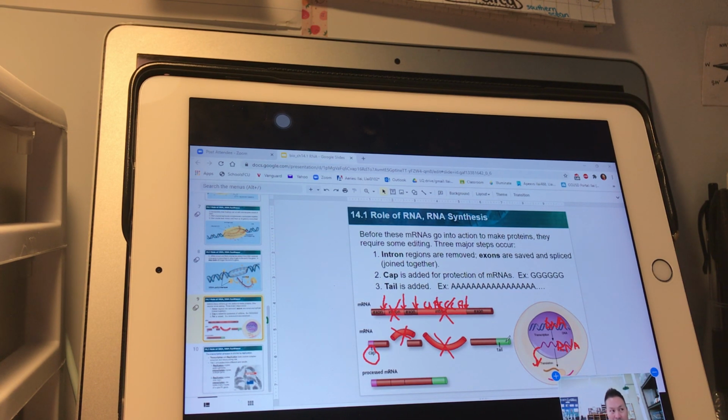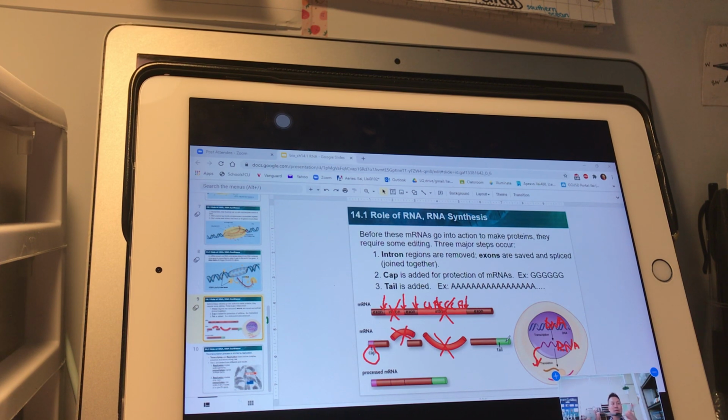Now, why does it do that? Here is my piece of messenger RNA. A cap is added to the front, like Mickey Mouse, for protection. A tail is added to the rear.